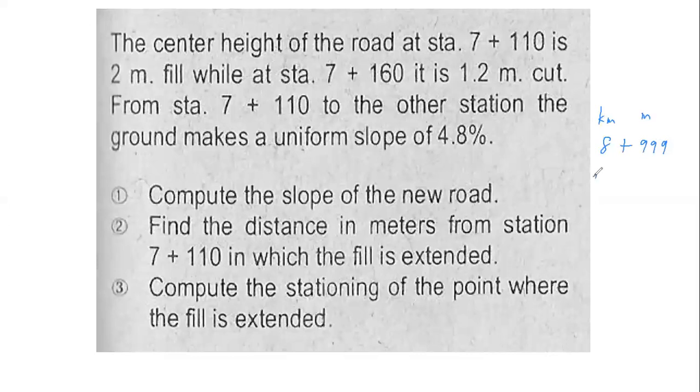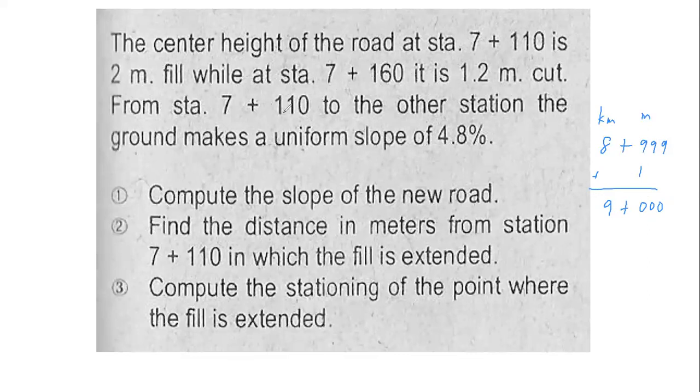Then let's say we add 1 meter. We expect that the notation for the stationing would be 9 plus 000. So if we have two stations given, 7 plus 110 and 7 plus 160, we expect the distance between the two would obviously be 50 meters.